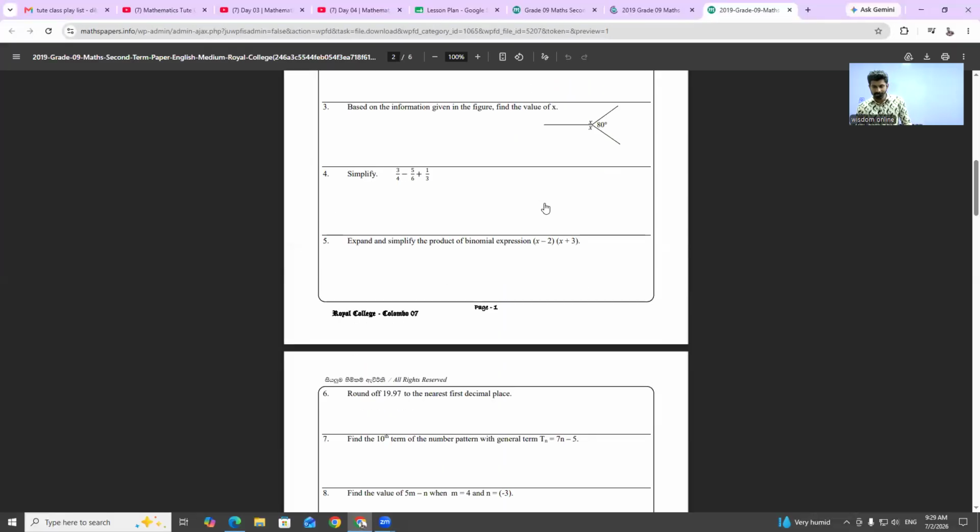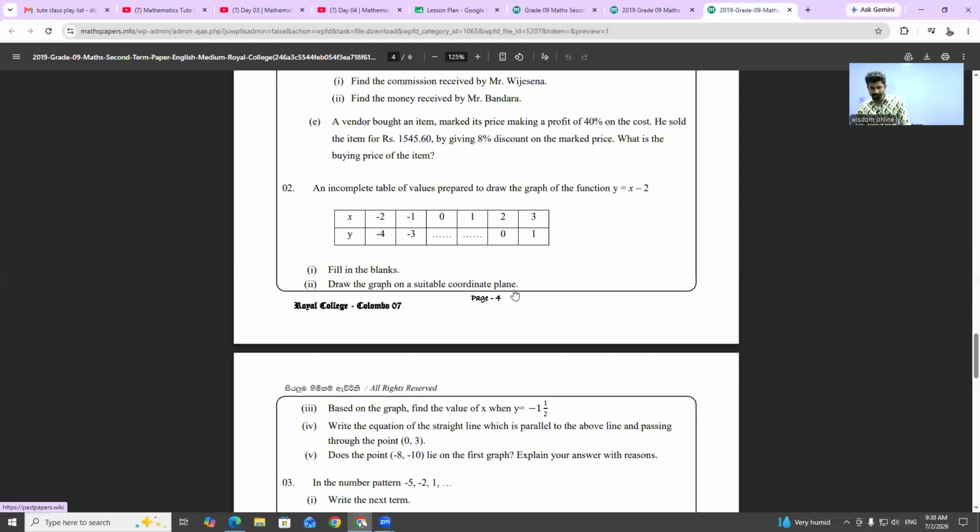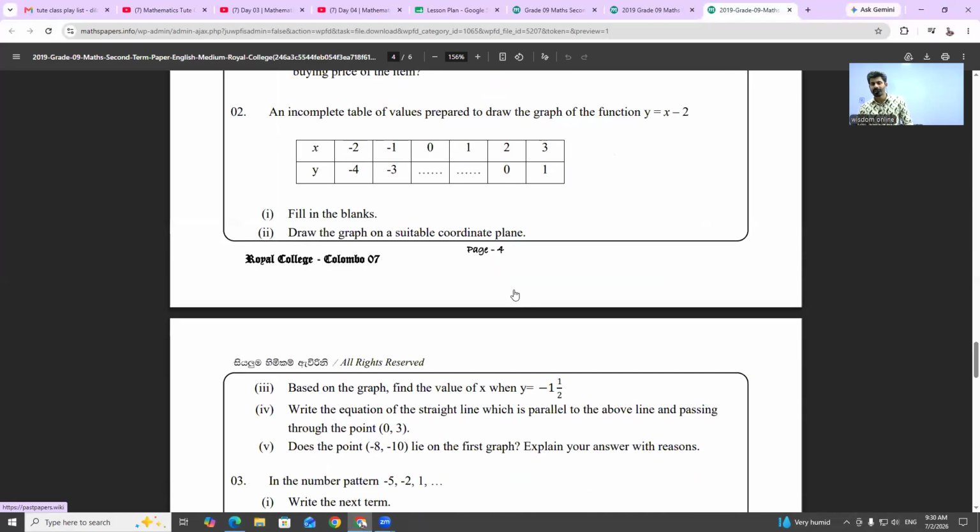This is the Royal College 2019 paper, and here is the graph. This is the graph, Royal College 2019. Let's try to do this one with me.